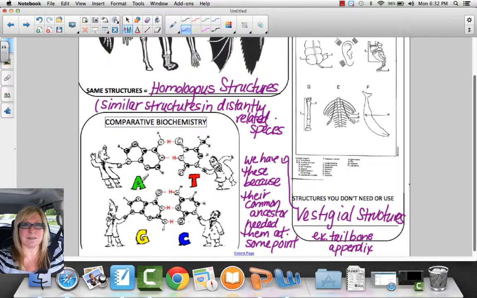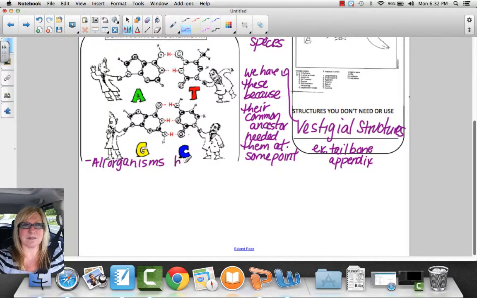We all have the same chemical makeup. So, all organisms have A paired with T and C paired with G in their DNA, which we just learned in the last unit.